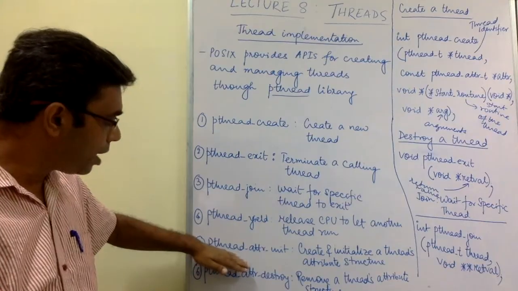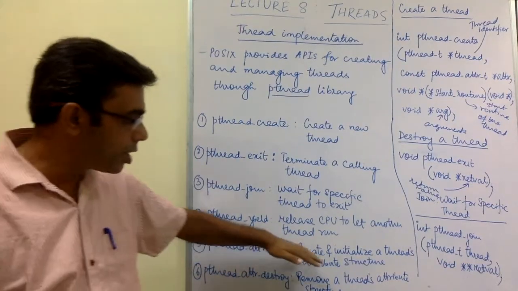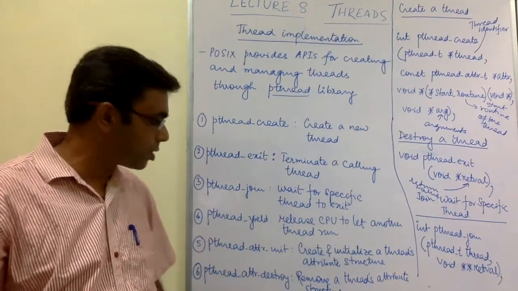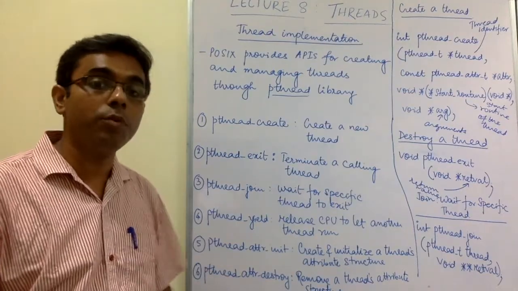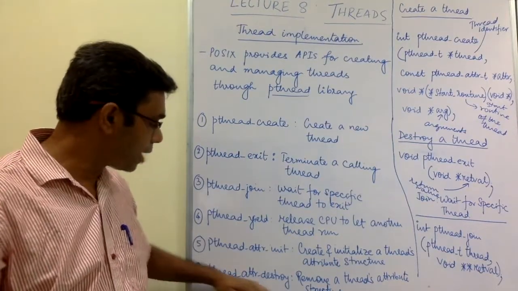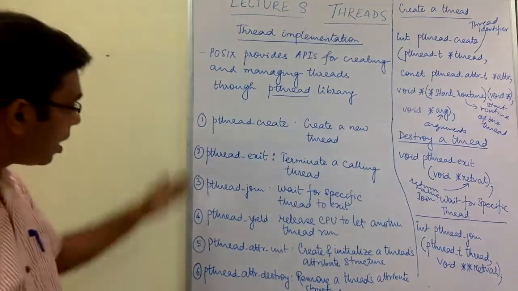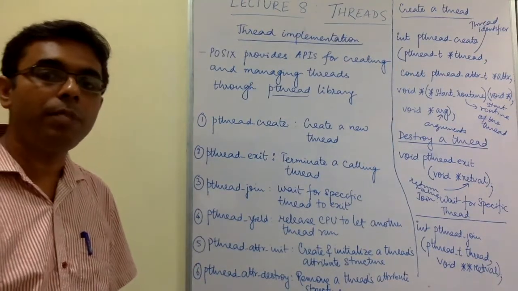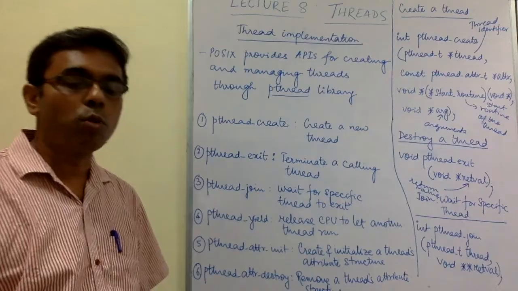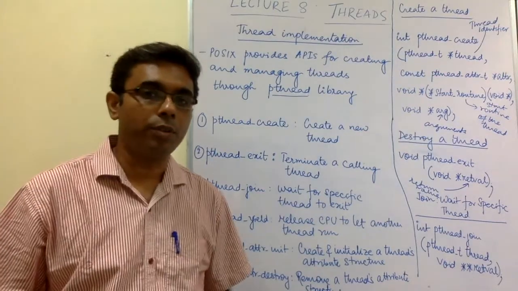We have pthread_attr_init, which creates and initializes a thread's attribute structure, and one to remove that, called pthread_attr_destroy. So these are the 6 functions that we'll be using to understand the working of threads.